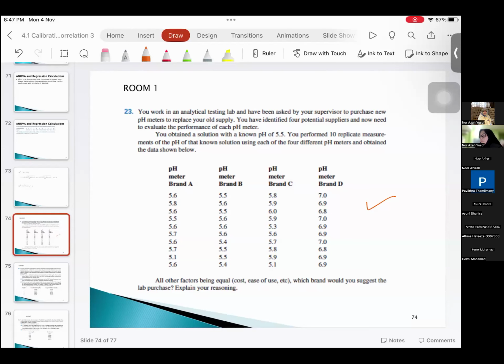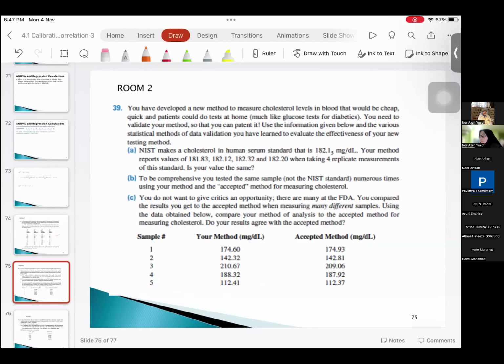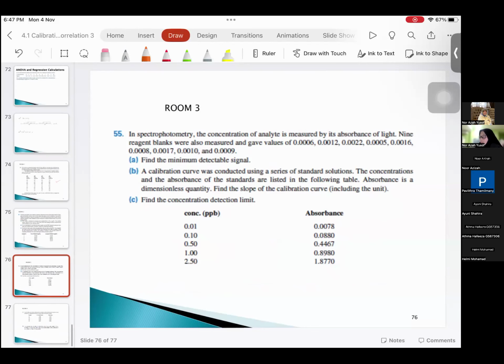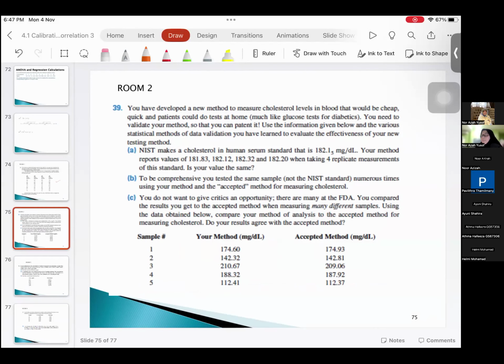For example, if you look at these questions, you have to explain the conclusion. To be comprehensive, you tested the sample. This one also: you have to present the data, you have to present the calculation.